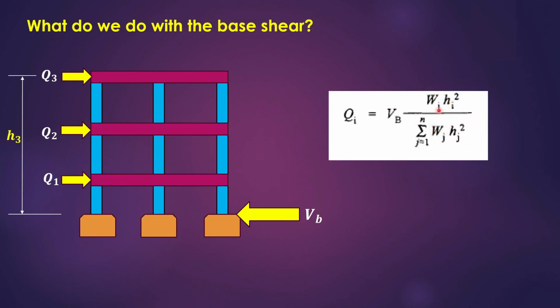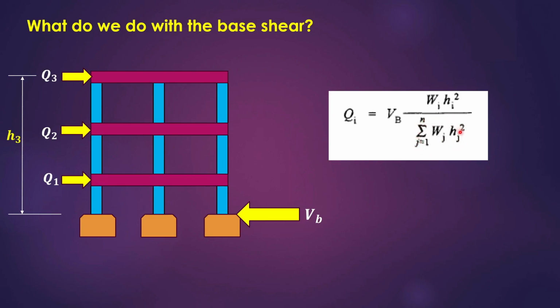Base shear into, for a particular ith floor, take the weight of the floor Wi and the square of the height of that floor. For example, for the third floor, the height shown here is h3. In the denominator you have the summation of all the weights at different floors times their height squared.